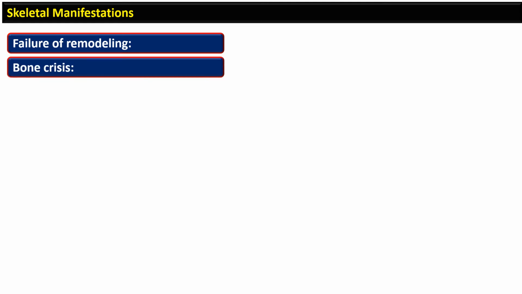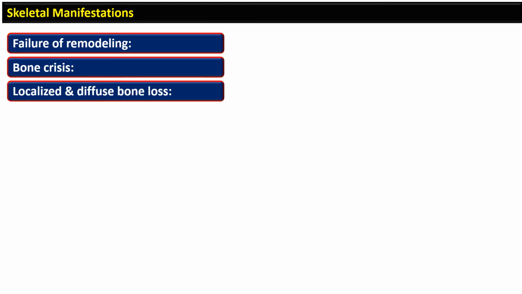Absent flaring and abnormal metaphyseal modeling and cylindrization are there, which are necessary for bone modeling and remodeling and lead to Erlenmeyer flask deformity of the proximal tibia and distal femur. Bone crisis is rare and results from acute infarction of a large bone segment due to interruption of blood flow by the Gaucher cells.